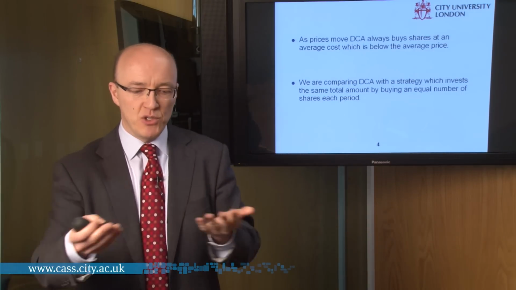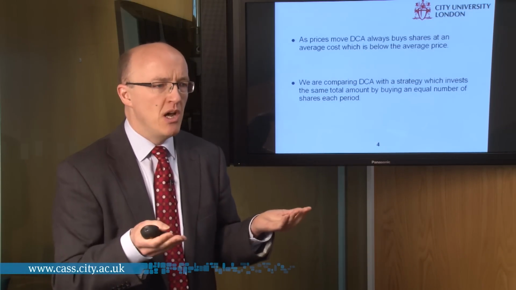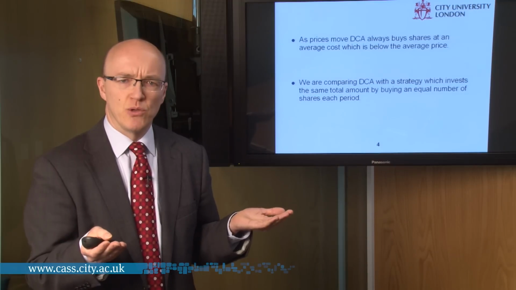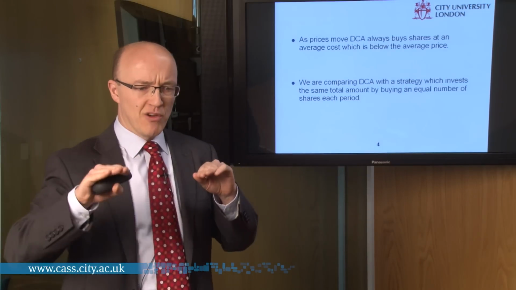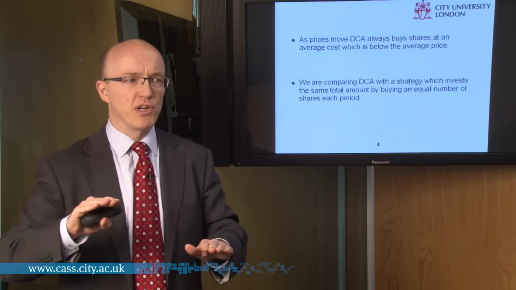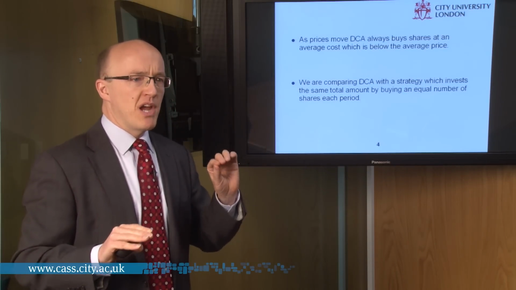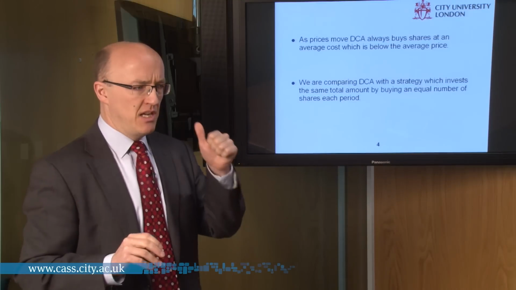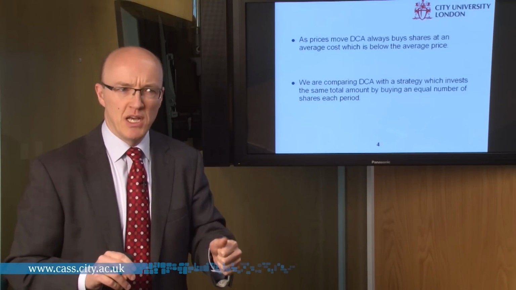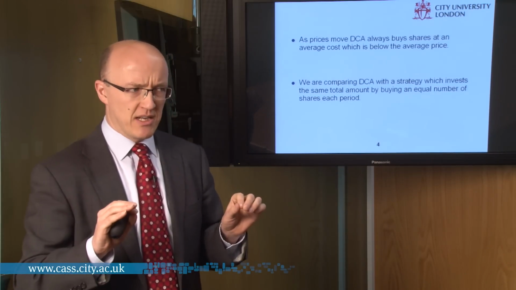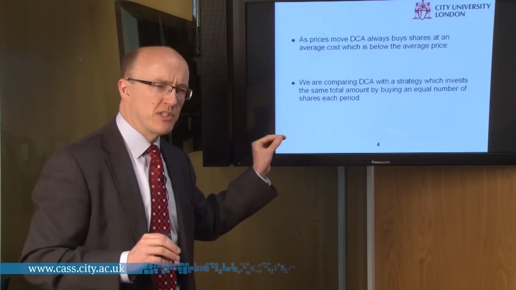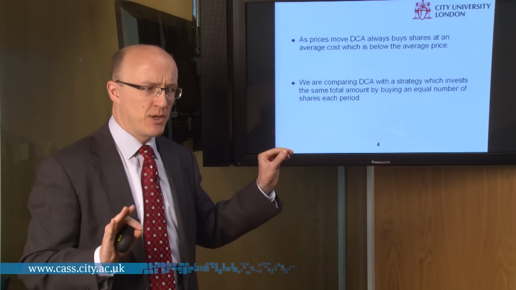If we don't have these two strategies investing the same amount, we've got no meaningful comparison at all. So when we're making this comparison of dollar cost averaging's average cost with the average market price, we are comparing dollar cost averaging with a strategy that invests equal numbers of shares each period and invests the same amount. I need you to be convinced of that because that turns out to be absolutely crucial. Is that okay?